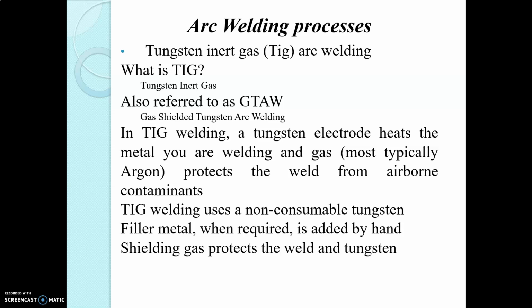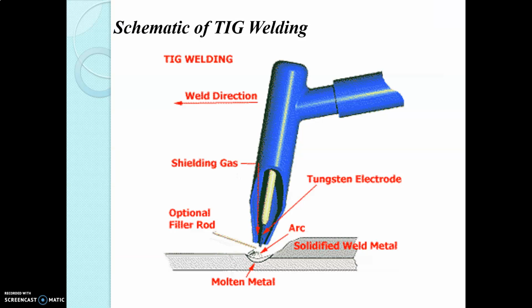Here the heat is produced from the arc between the non-consumable tungsten electrode and the workpiece, and the welding zone is shielded by an atmosphere of inert gas such as helium or argon supplied from a suitable source, and a gas nozzle surrounds the tungsten electrode, as you can see in the diagram. When the gas leaves the nozzle, it completely envelops the tip of the electrode and the work under it.